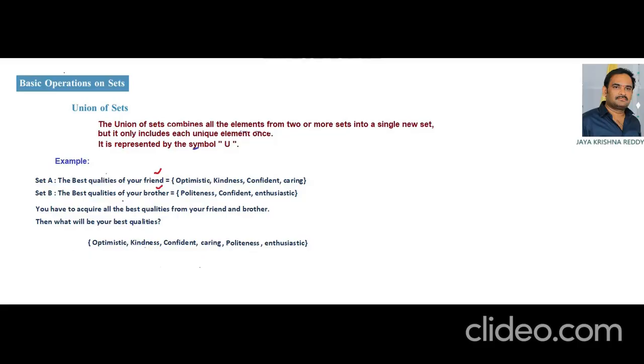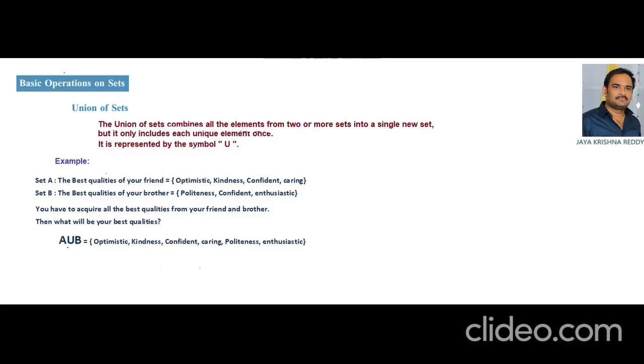Union means combining all the elements. Here you have acquired all the best qualities from your friend and brother, those you have considered as set A and B. So you are taking all the qualities, means combining all the qualities in you. So this is nothing but A union B, union of sets.